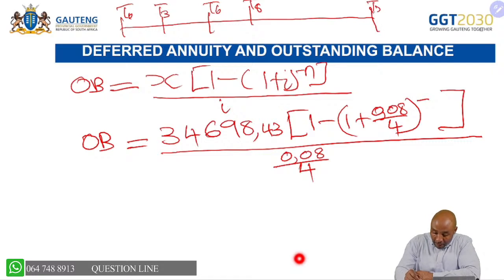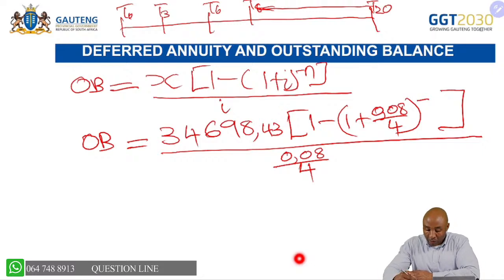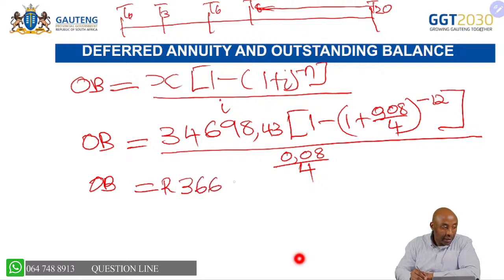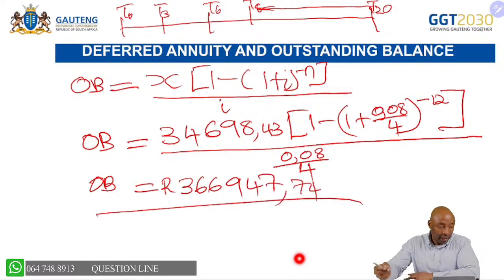And the final payment is at T20, meaning the difference between T20 and T8 will give us the value of n that we are going to use there. So in this case, our n will be equal to 12. We punch this on our calculator and we should get our outstanding balance as 366,947.74. That is the answer that we should get there.